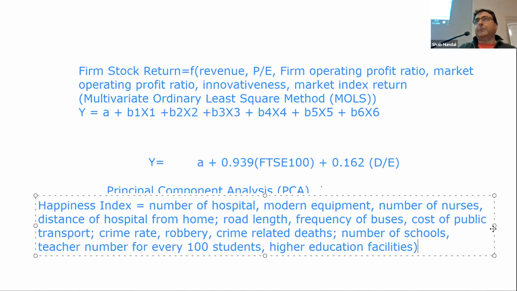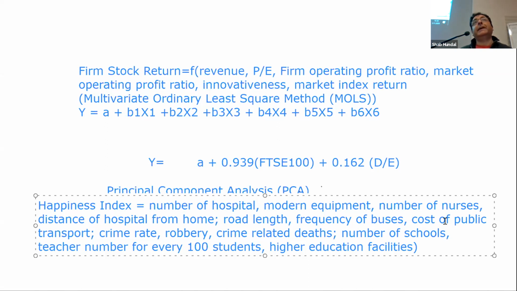If you look at this example, I deliberately chose this example actually. In many ways, this example looks like this thing: the firm stock return depends on revenue and firm operating profit. So there are variables which affect the firm stock return. In the same way, these are the variables: number of hospitals, modern equipment in hospitals, number of nurses, distance of hospital from your home, etc. These all are variables.